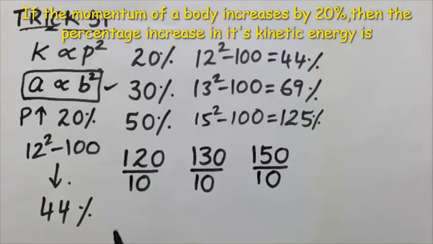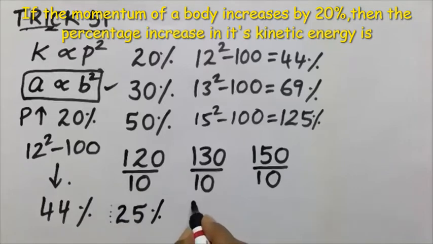Then last, if we go with 25%, then what happens? If it is 25%, then like this, what you have to do? 125 divided by 10. What will you get? 12.5.